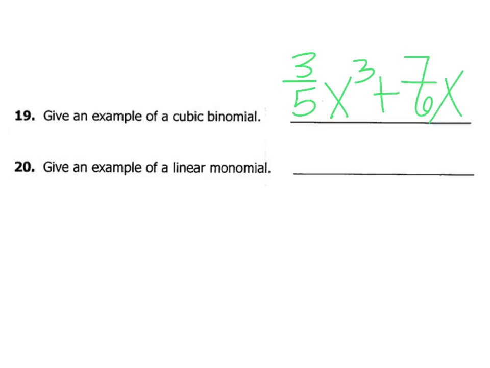Giving an example of a linear monomial, negative 5x, or you could just say x. X would be a linear monomial. It's a single term, monomial, and degree of 1, okay? So these are two examples. You could have come up with anything, but I just wanted to give you two examples.